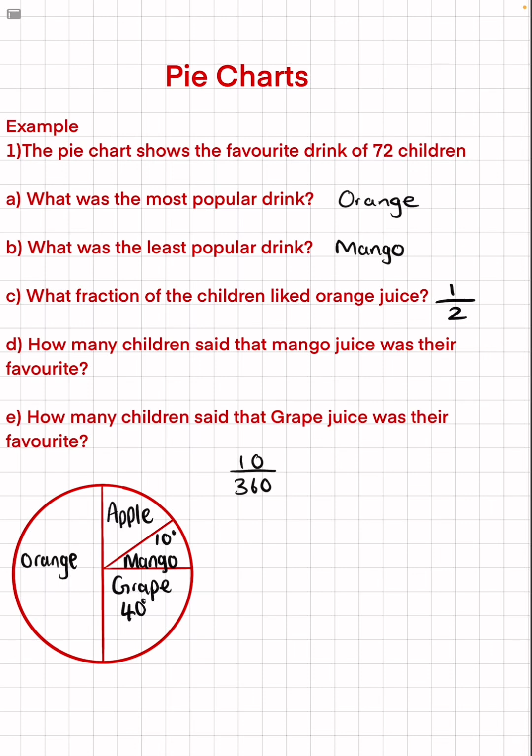To simplify this fraction, we need to find the largest number that will divide into both numbers. The largest number that will divide into both of these numbers is 10. 10 divided by 10 equals 1, and 360 divided by 10 is 36.